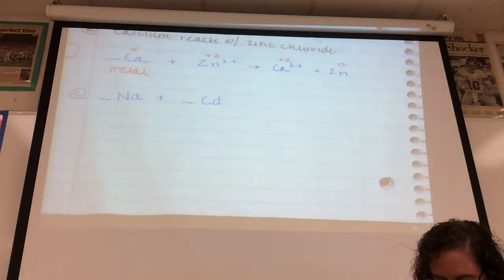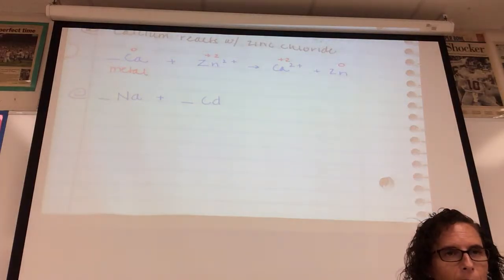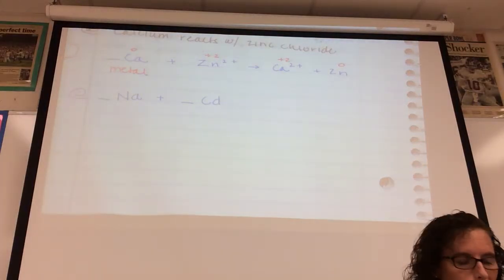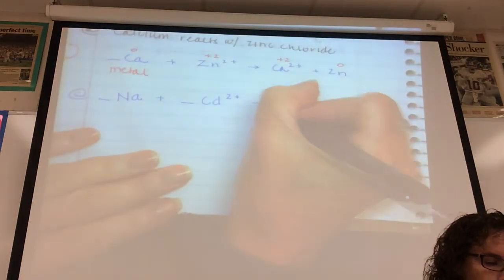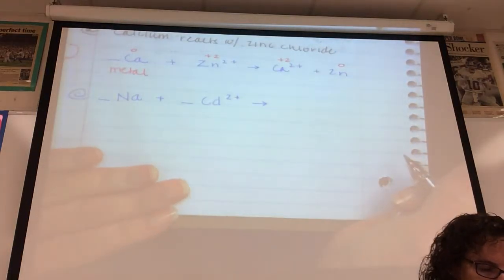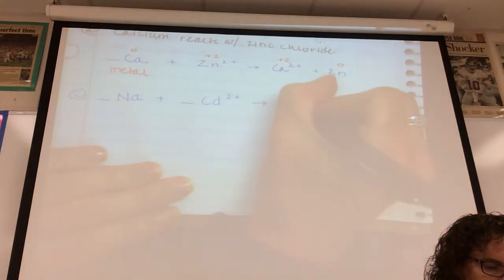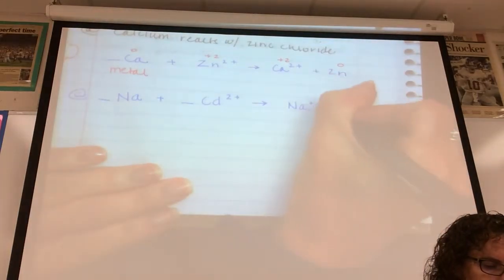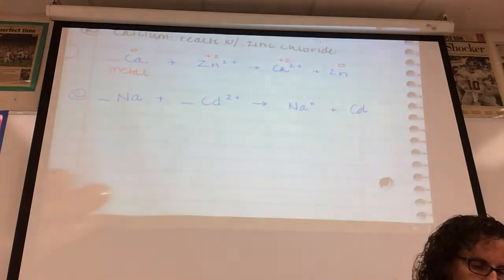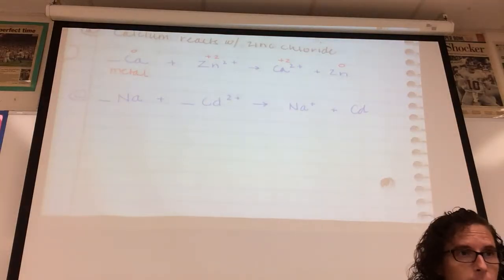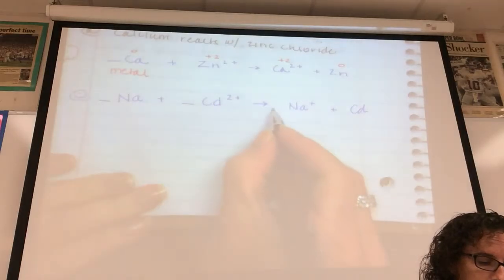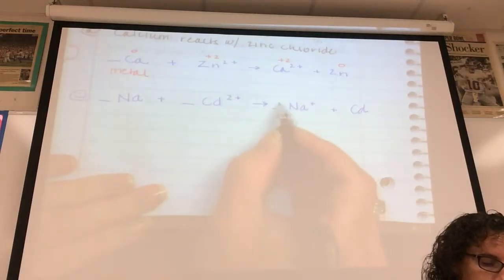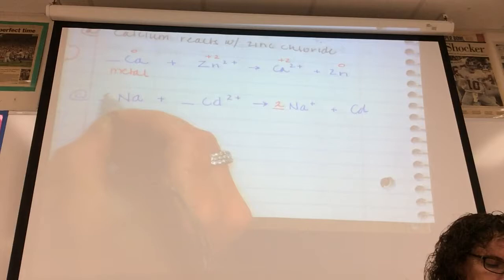Cadmium is in the same group as zinc. What's cadmium's charge always? 2 plus is correct. What are we going to generate? Good. Now that's not balanced because you can see 2 pluses here and 1 plus here. So what do I need to put in front of the sodium ion? You got it. Balanced.